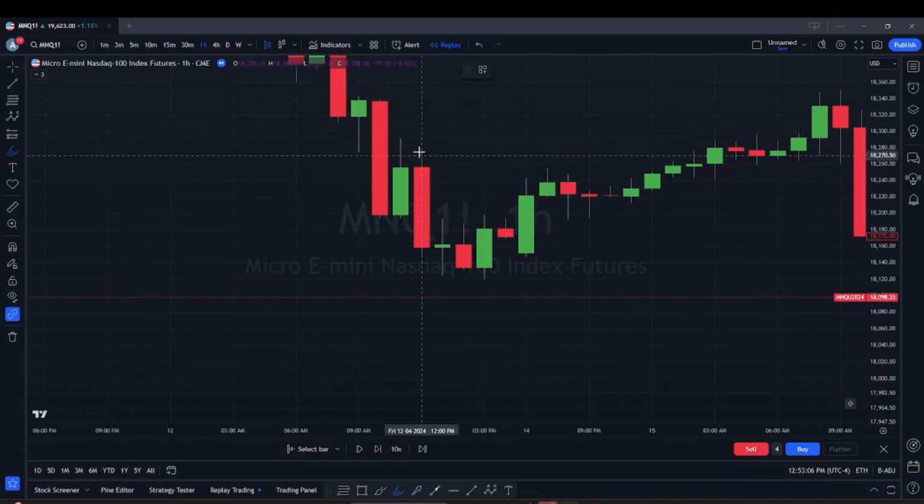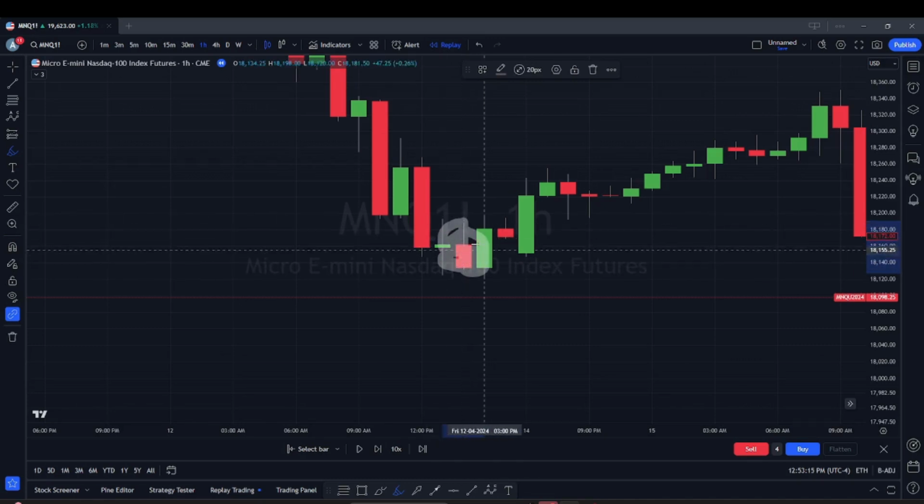So right here we had a downtrend, and then we had a doji, and then an inside bar right here. And then what happened? We failed to close below this particular candle's low, had an inside bar, and failed to displace higher or lower.